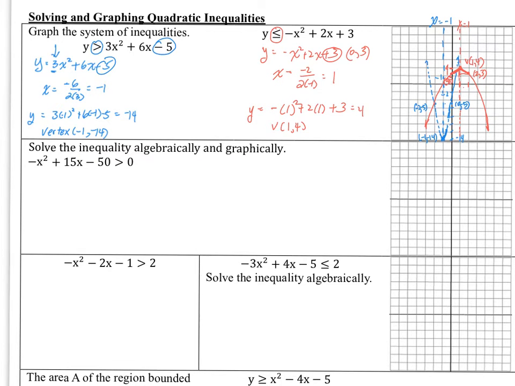Okay, now it's time for shading. And for the parabola in blue, I am going to test 0, 0. And 0, 0 happens to be a solution, so we need to shade this way.